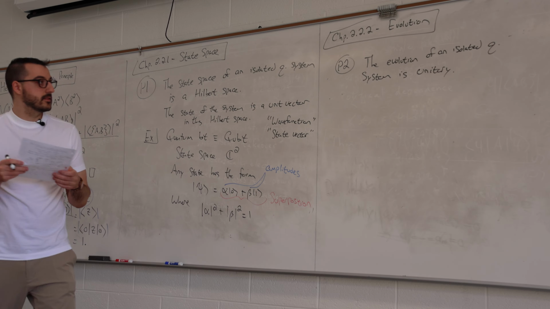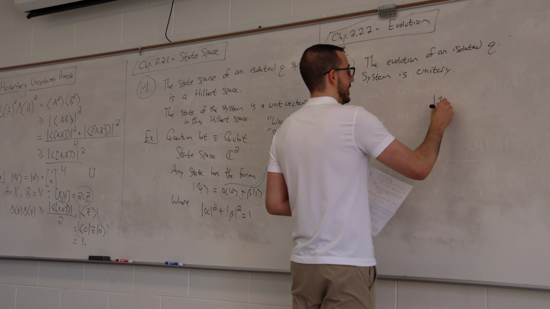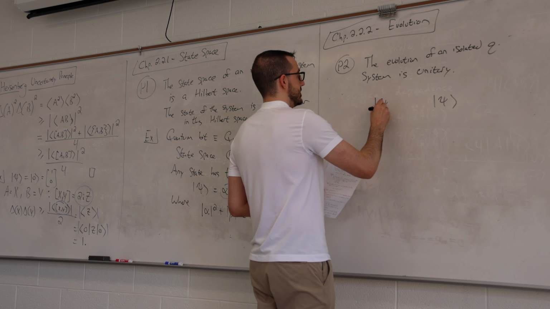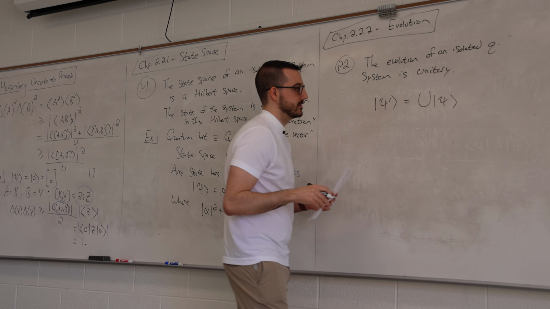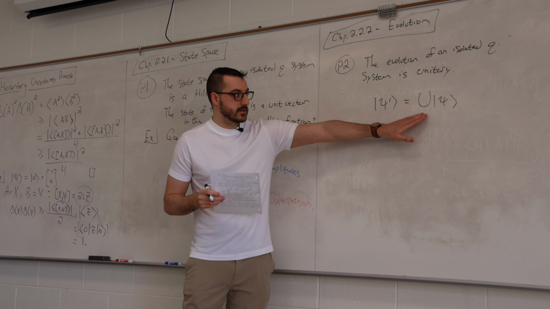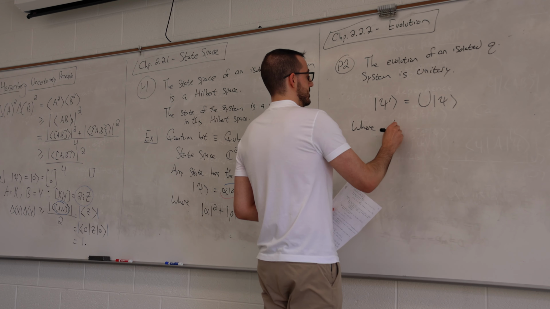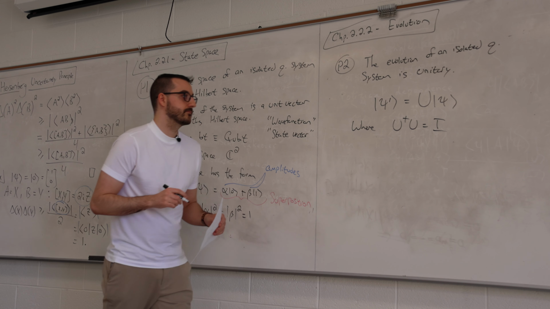This means that if I have some state psi, and it's going to evolve in time and give me some other state psi prime, then this has to be related to the original state by a unitary matrix U. And of course, I'll remind you that unitary means U dagger U is equal to the identity matrix.